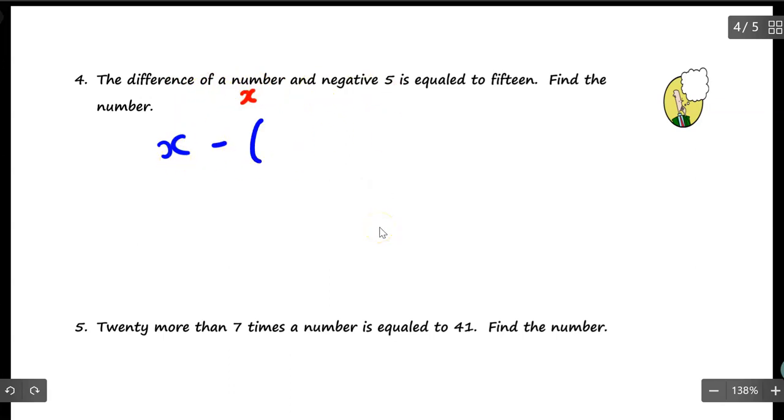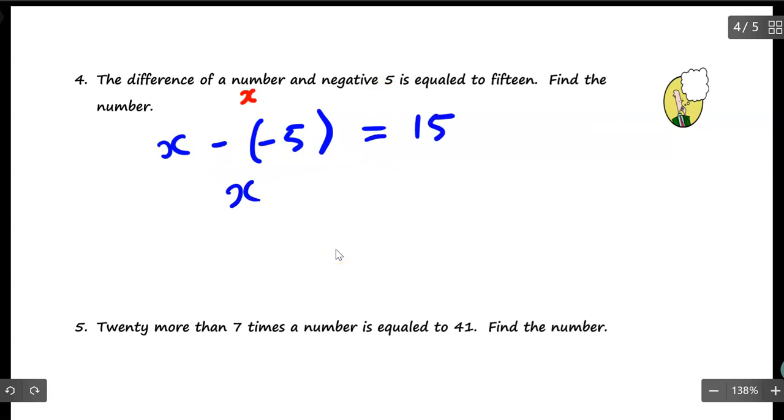I should put negative 5 in the bracket to make sure it separates this, so that you know that this combined with this will make it a plus. Is equal to 15.